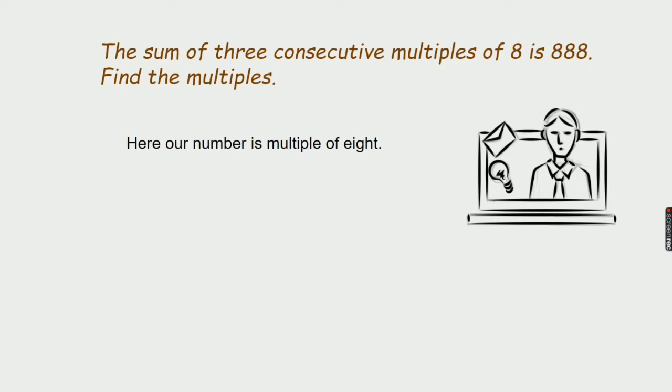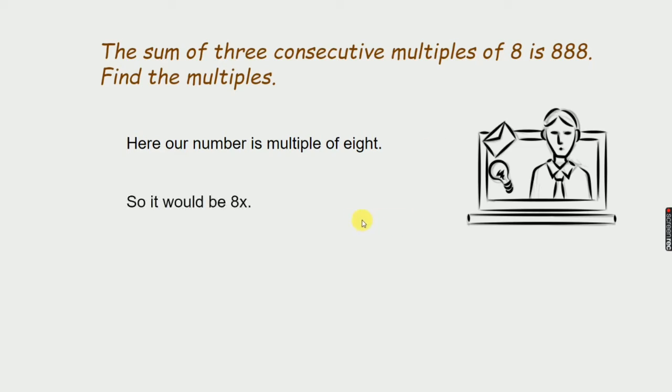If we simply consider consecutive numbers, then it would be x, x plus 1, and the next consecutive number would be x plus 2. But we are given the sum of 3 consecutive multiples of 8. Our numbers are multiples of 8.